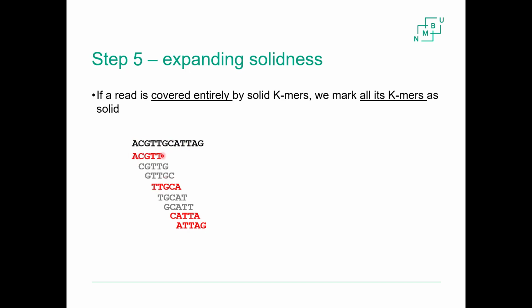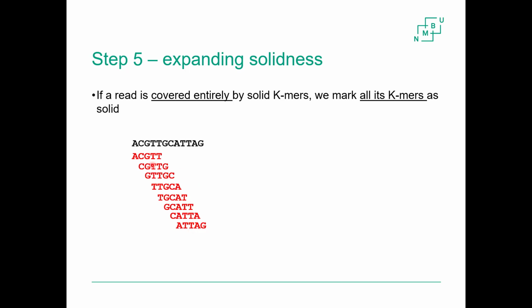There's one here at the start of the read. There's one in the middle, which is overlapping with the previous red one. And then there are 2 red ones at the end, overlapping with the one in the middle. So every position in this read is covered by some red, right? And then they say, okay, then we call all the K-mers in that read solid.